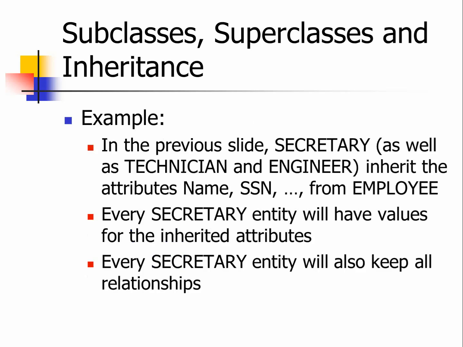So in a previous slide, secretary inherits the attributes of name, social security number, etc. from the employee. Every secretary entity will have values for the inherited attributes. Every secretary entity will also keep all of the relationships that the superclass has.